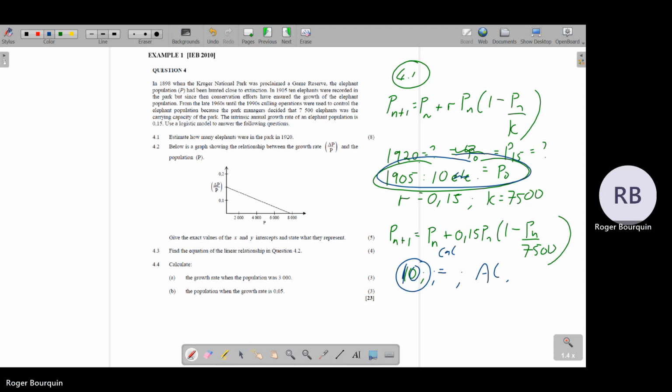And then every time you see Pn, you're going to press your answer button. So you're going to go answer plus 0.15 answer (1 minus answer over 7,500). And then press the equals button 15 times.